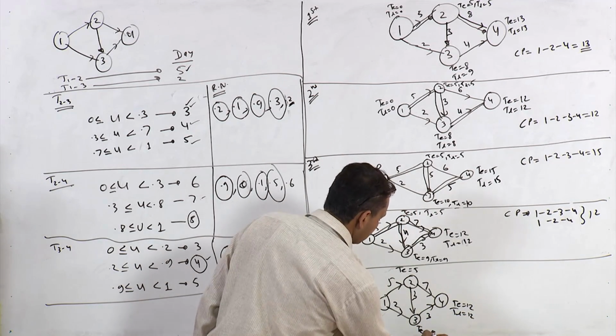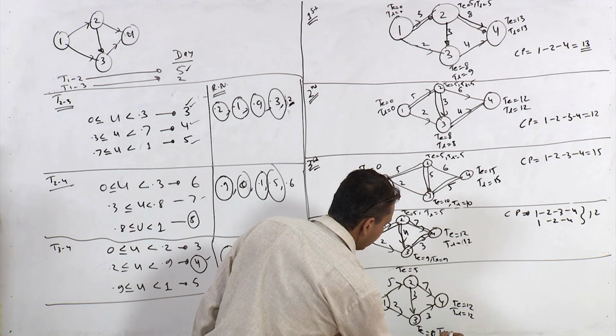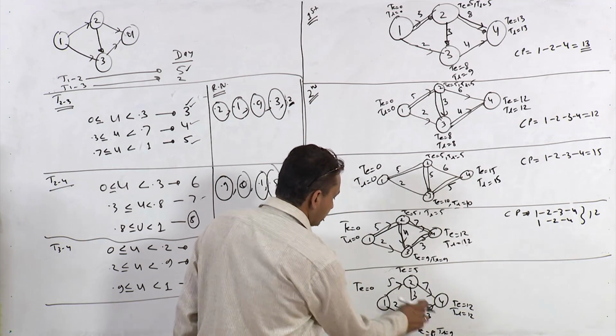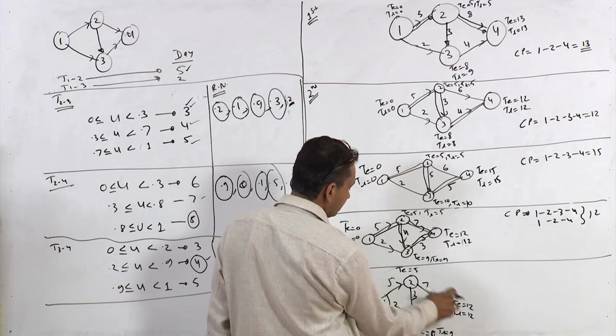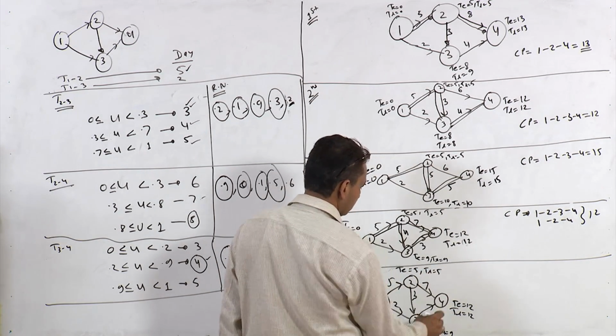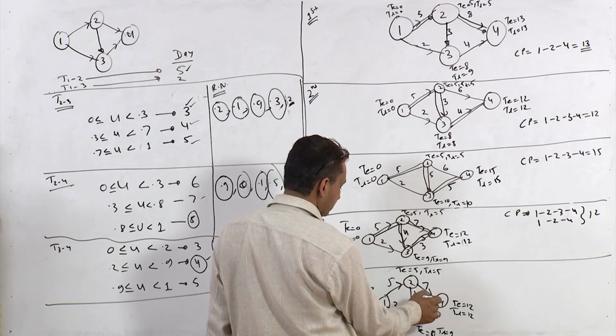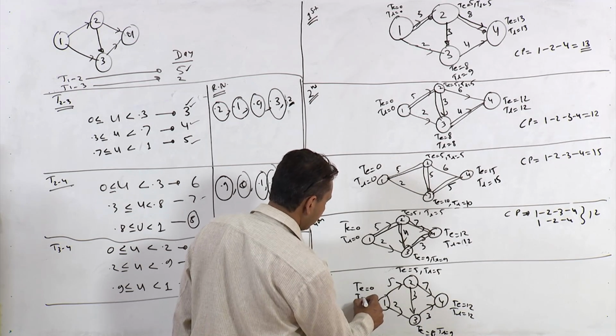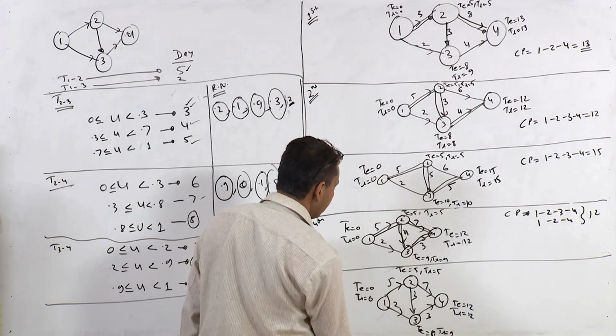So TL at this point is 9, right. 12 minus 3 is 9. 9 minus 3, 6, and 12 minus 7, 5. So we will take 5 from this path, right. So this would be the critical activity, right, and TL here would be 0, right.